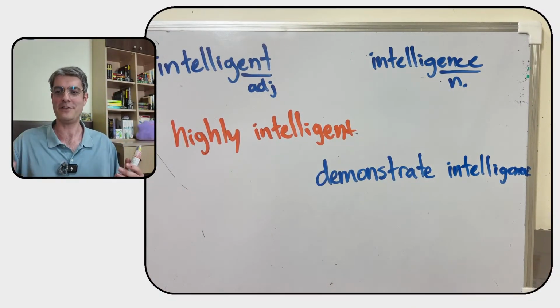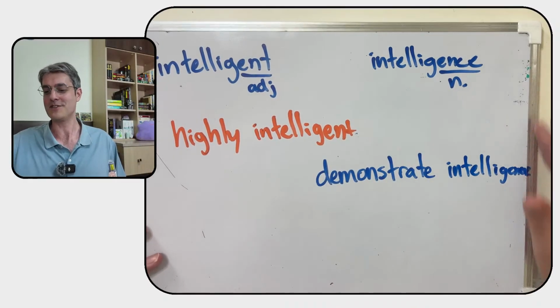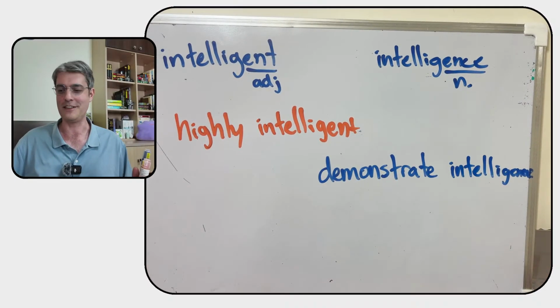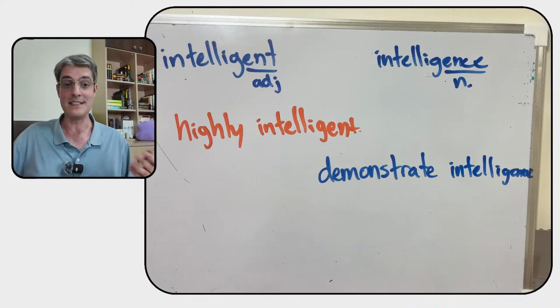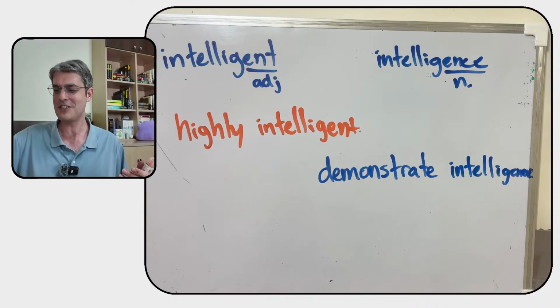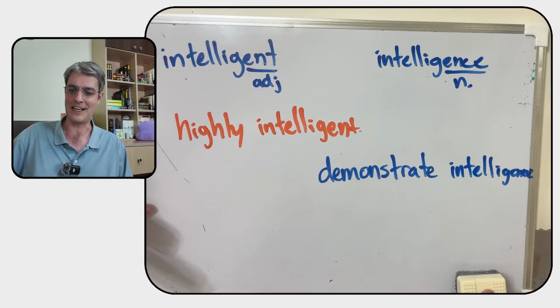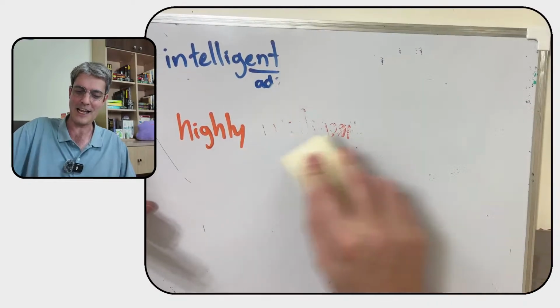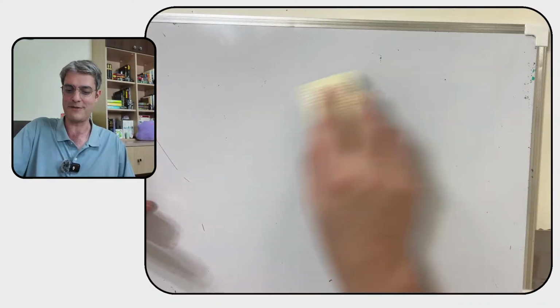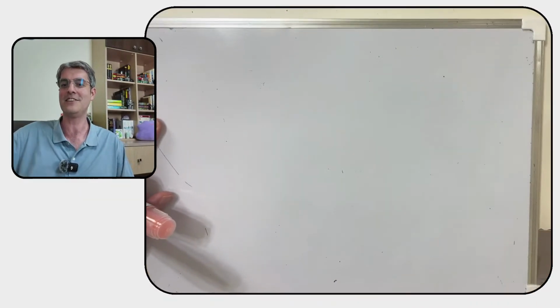So maybe if you're designing a task, does it help demonstrate intelligence? If you're a teacher and you have your students do something, does the task allow the students to demonstrate their intelligence, which just means to show their intelligence? All right, so I didn't have many collocations I wanted to use for intelligent and intelligence.